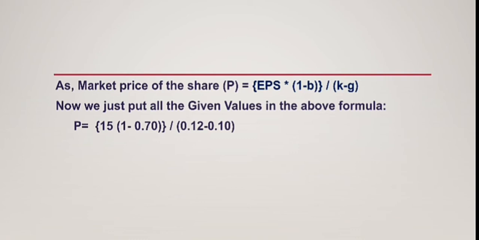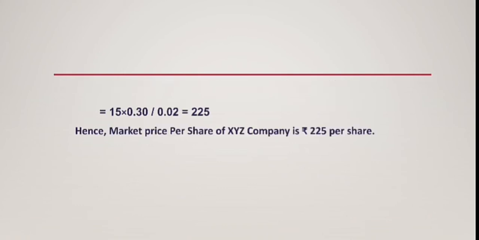So P equals 15 multiplied by 1 minus 0.70, divided by 0.12 minus 0.10. Now after solving this, what do we get?